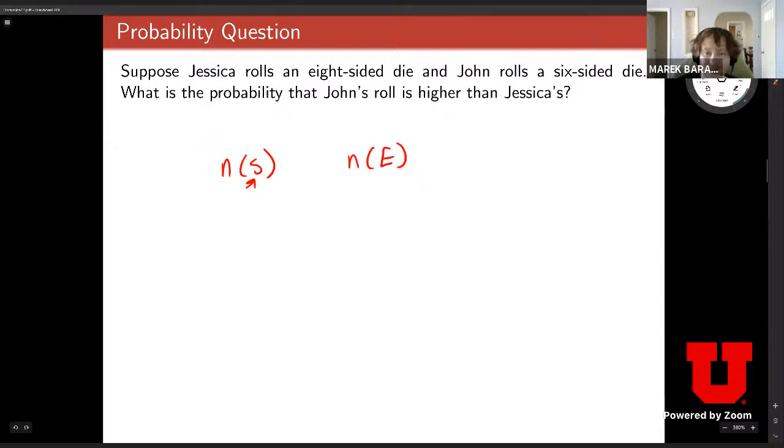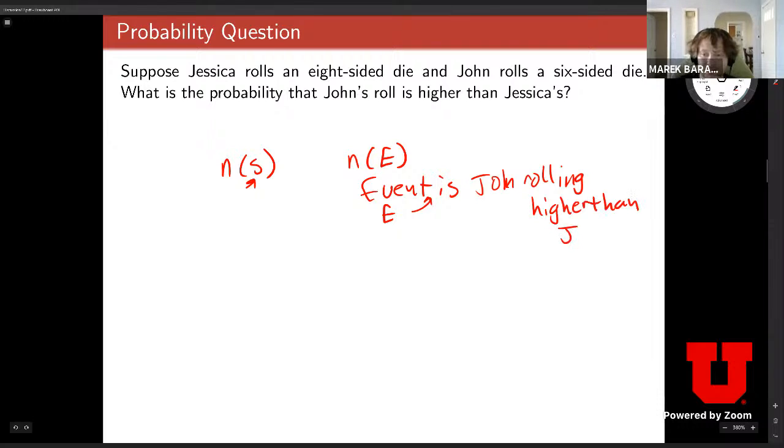So the event E is John rolling higher than Jessica. And the total space is all roll combinations.